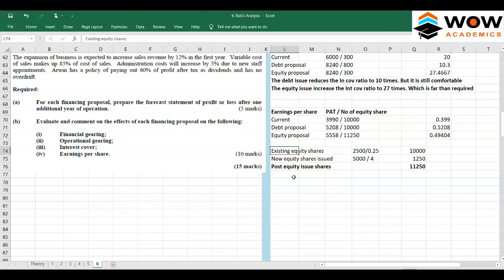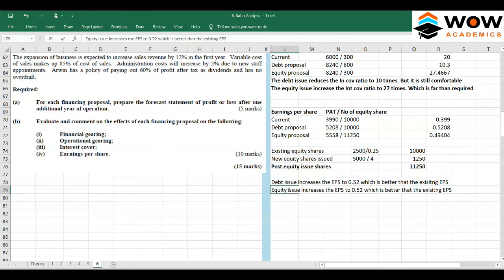We can give an argument saying that debt issue increases the EPS to 0.52, which is better than the existing EPS.